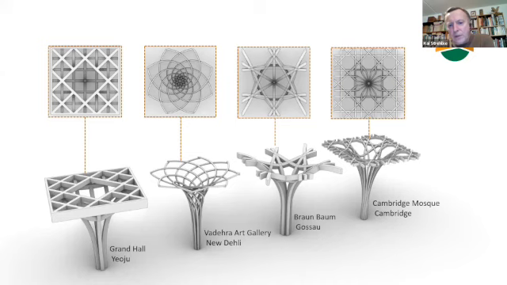Here you see 4 different kinds of projects, which at first sight look alike. They're like tree structures, but you see they are quite different. I will talk about the Cambridge Mosque much more in depth. But if I'm just comparing these trees, here it's a Grand Hall in Yochu.